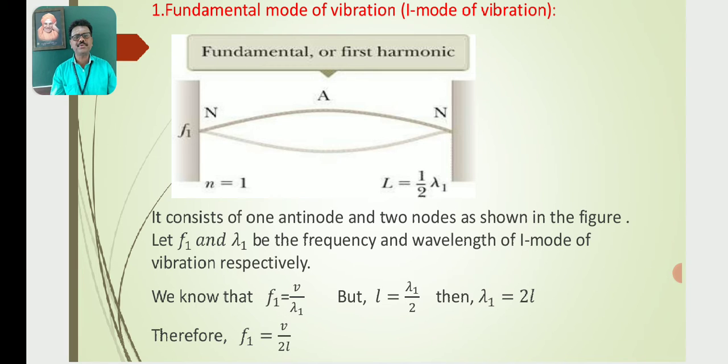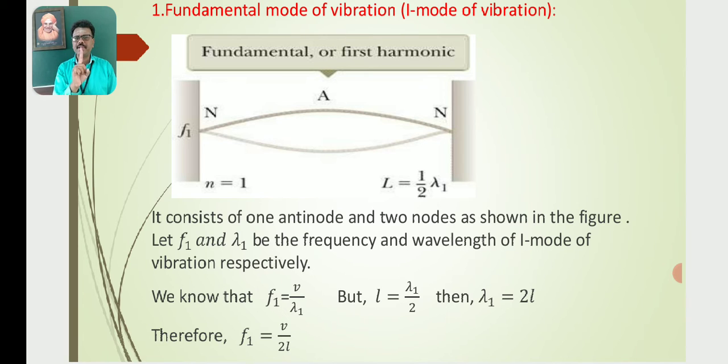In the fundamental or first mode of vibration, the system consists of a single segment or loop, so it has one antinode and two nodes.